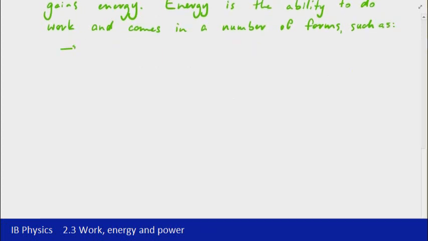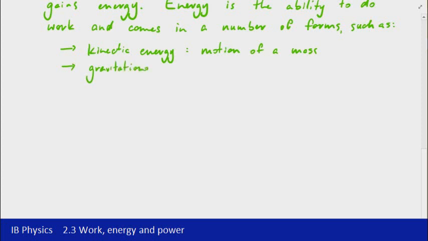So the first is kinetic energy. And kinetic energy is basically the energy of motion of a mass. So that's the first fairly common type. The second is gravitational potential energy.